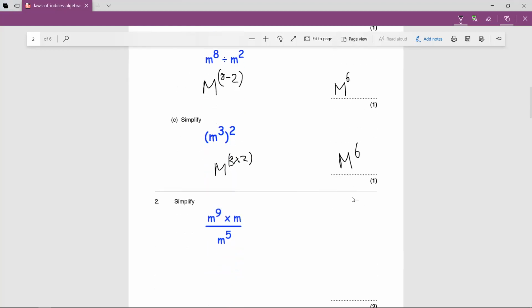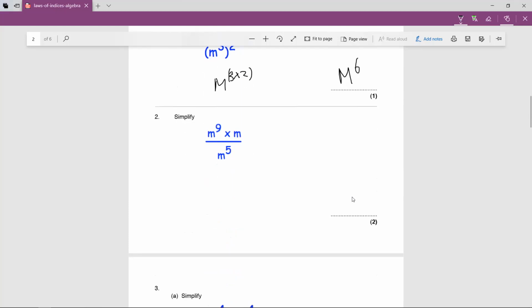Now, let's face a bit more challenging questions, like number 2 right there. They're saying simplify m power 9 multiplied by m, divided by m power 5. You'll realize that this m here should actually be m to the power of 1.